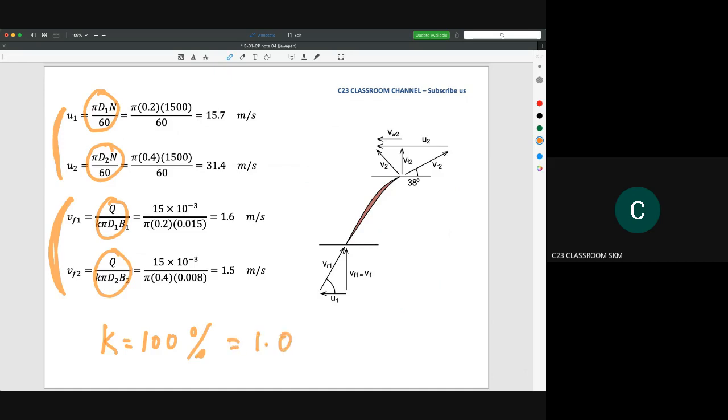Then we could get the values of U1, U2, VF1, and VF2. Because there is no statement that the velocity of flow is constant, we cannot take that assumption. According to the calculation here, the value of VF1 is different from VF2.